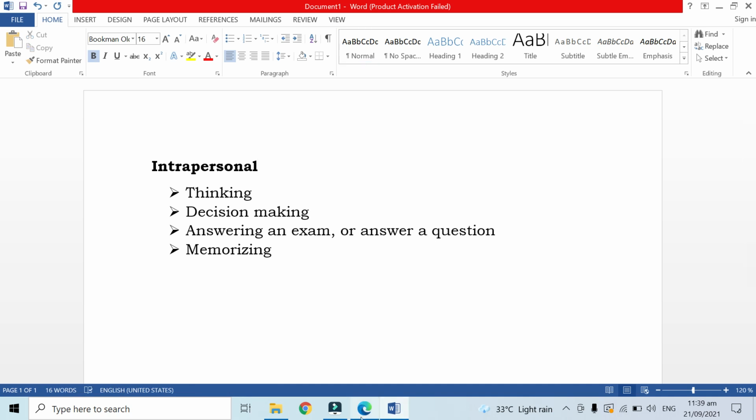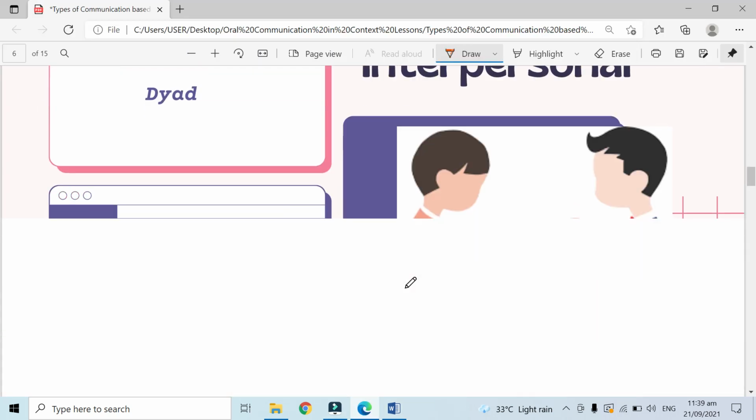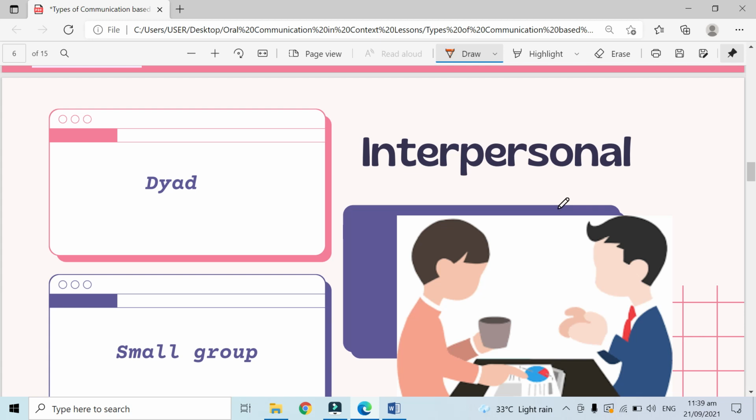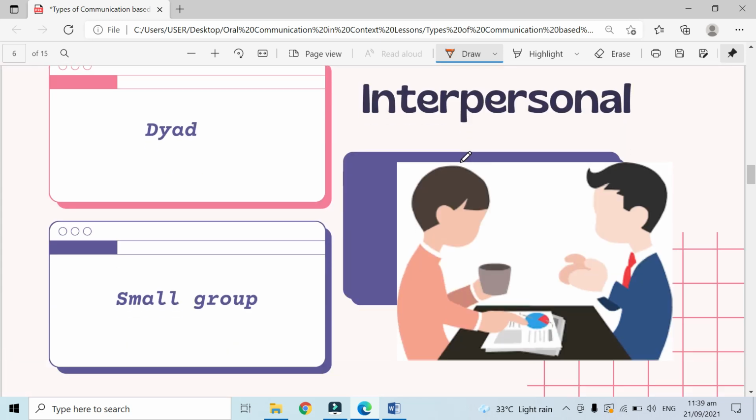So, the next one is interpersonal communication. In this picture, we have two people who are talking to each other. It could be formal, about business, right? So this is an example of dyad. Dyad means two people are conversing or talking to each other.